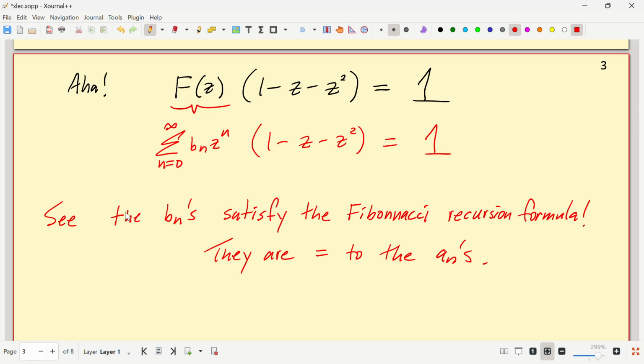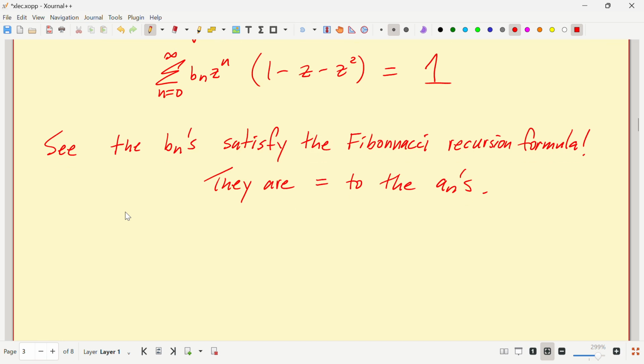the power series. By the way, this uses a key fact that the power series coefficients are uniquely given by Taylor's formula. Key fact.